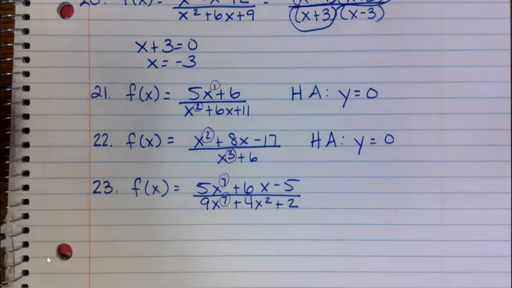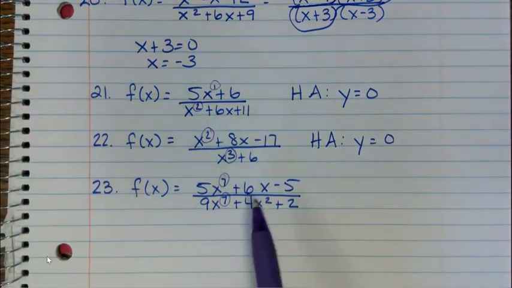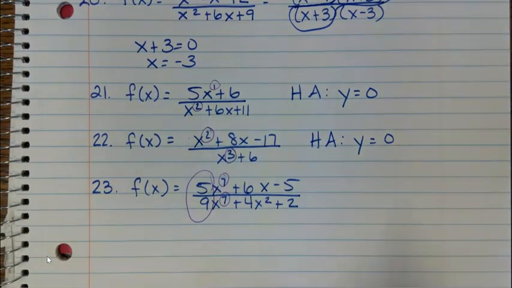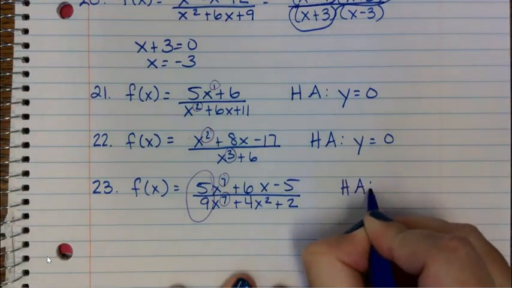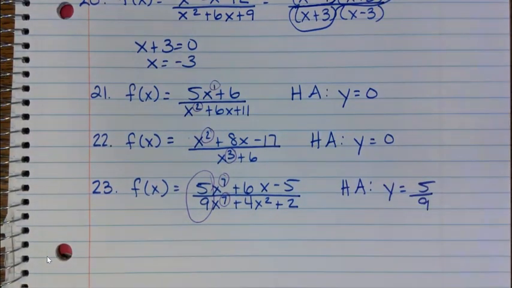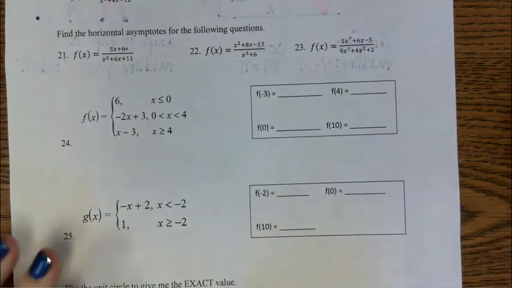The degree on bottom is 7. So when they are the same, we are going to divide the leading coefficients. So that is at y equals 5 over 9. Okay. And I'm just going to flip this over. Sorry, hope I didn't make anyone sick.